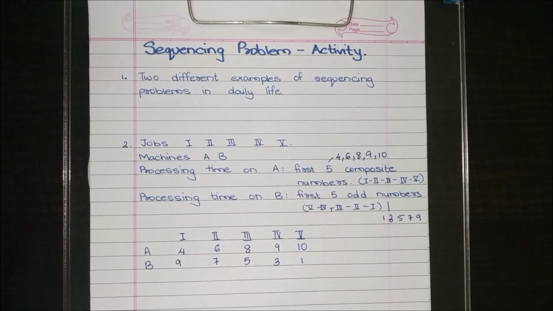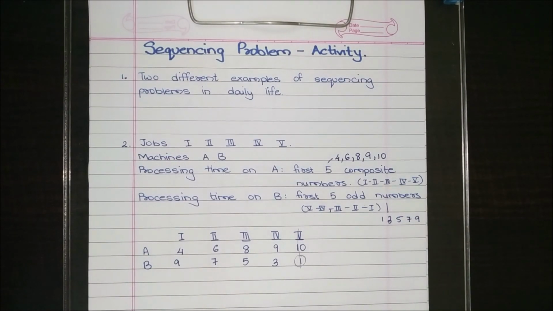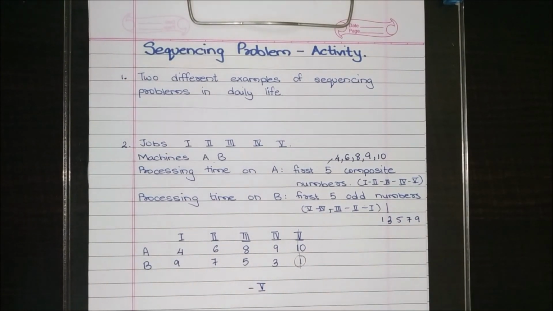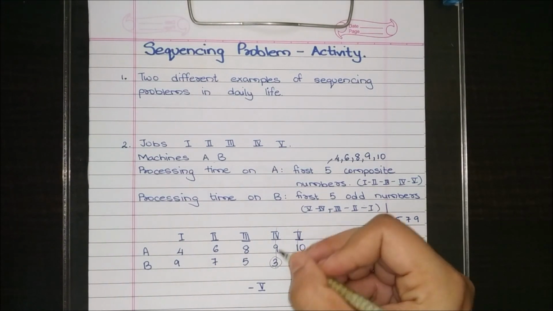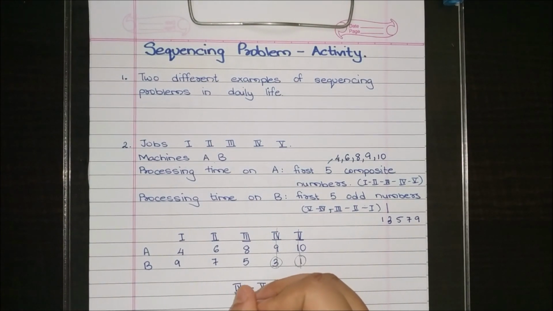Okay, so this is the data that is given to us. After this you have to solve this sum how you would solve any other sequencing problem. So first, what is the smallest number? The smallest number is 1, which is the 5th job. It is on B machine, so the 5th job will be in the end. Next, the smallest number is 3, which is the 4th job, so that will also be in the end.